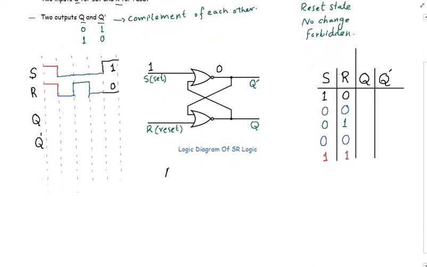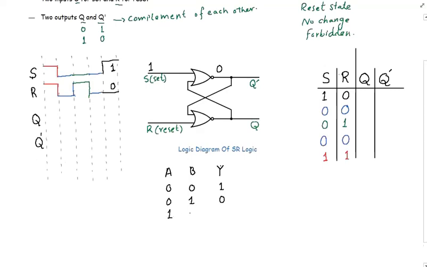If we have A input and B input and then finally output Y, if inputs A and B are 0 0, the output will be equal to 1. If it is 0 1, then the output will be equal to 0.